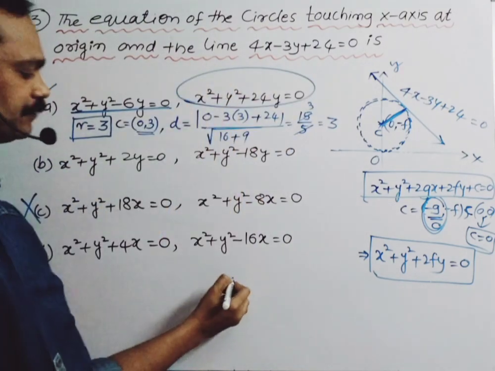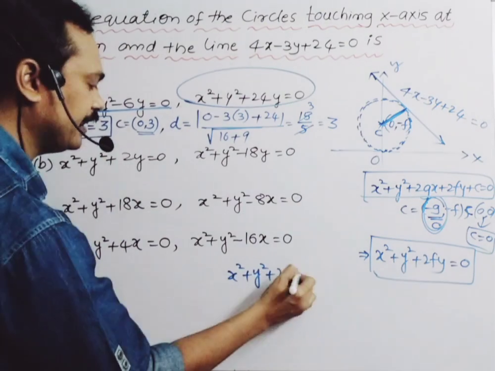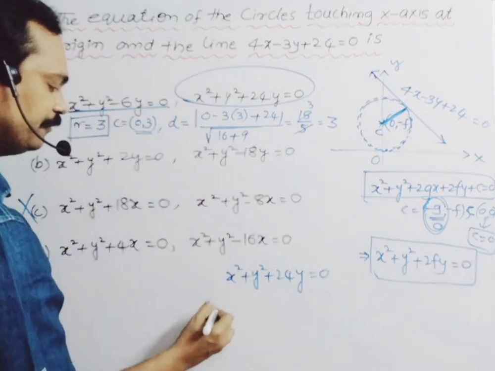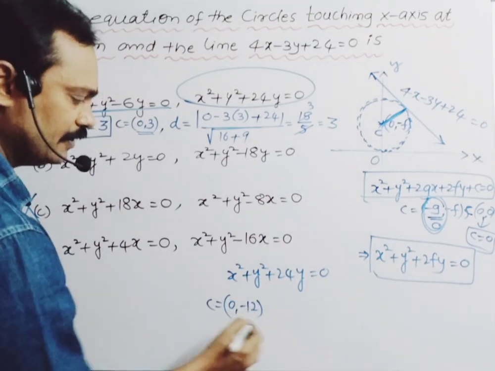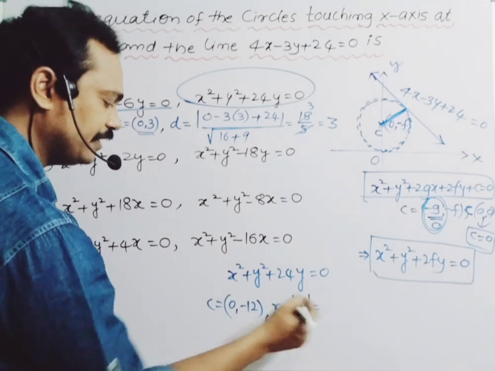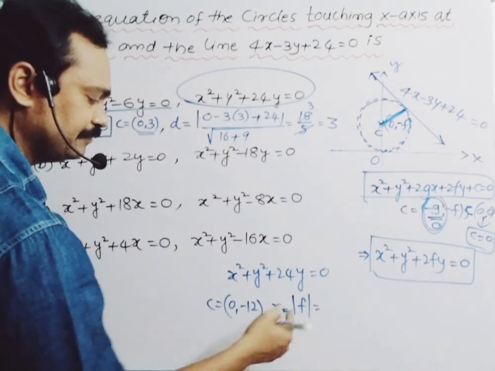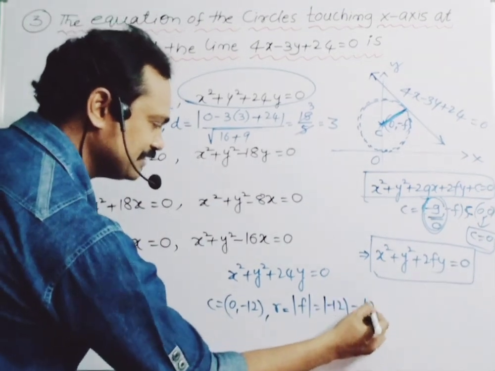What is that second option? X square plus y square plus 24y. Here, what is the center? 0 comma minus 12. And the radius is how much? Modulus of f, that is how much? Minus 12. That remains 12.